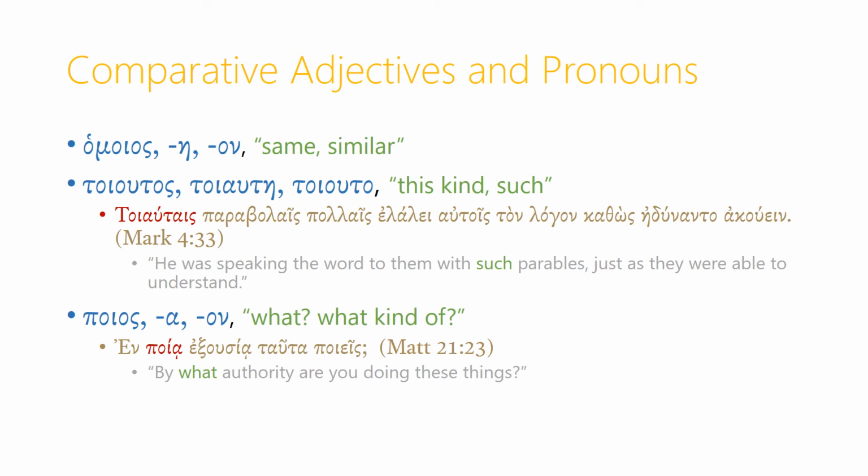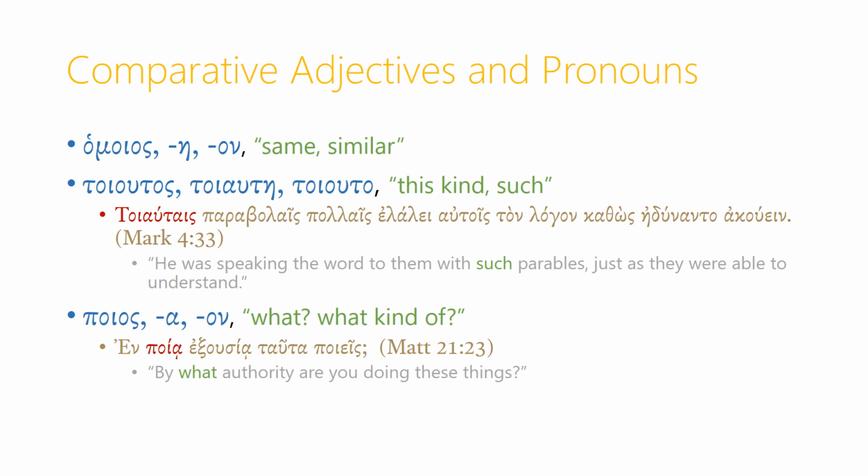For example, in Mark 4:33, we read, toiautais parabolais pollais elalei autois ton logon, kathos edunanto akouein. He was speaking the word to them with such parables, toiautais parabolais, just as they were able to understand.